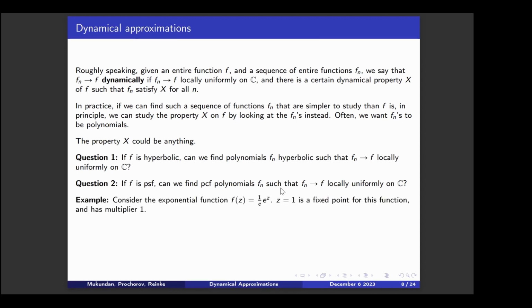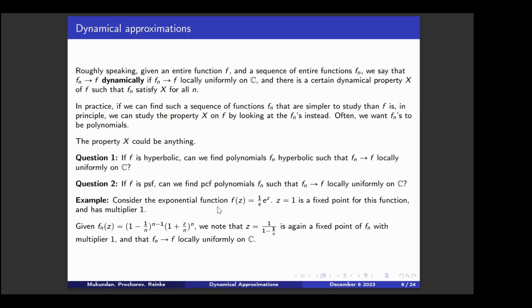So here is one example of a dynamical approximation. Consider this exponential function 1 over e times e to the z. z equal to 1 is a fixed point of this function, and it has multiplier 1. So by multiplier, here I just mean the derivative. Okay, so at z equal to 1, f has derivative 1.